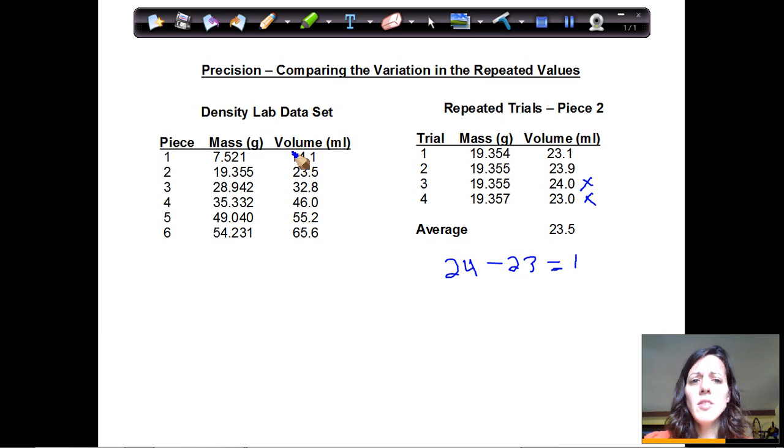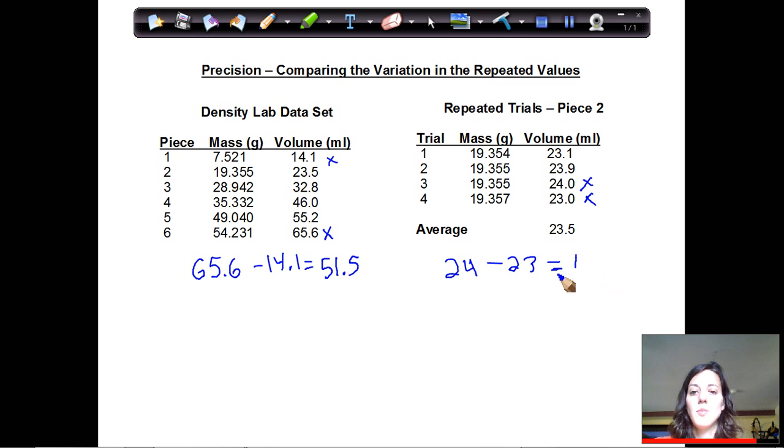And then we have to look at the corresponding volume range and find the highest value and the lowest value and see how much that changed. So 65.6 minus 14.1 equals 51.5.